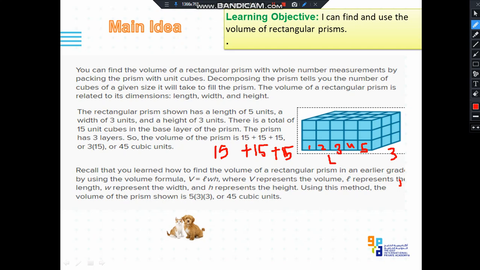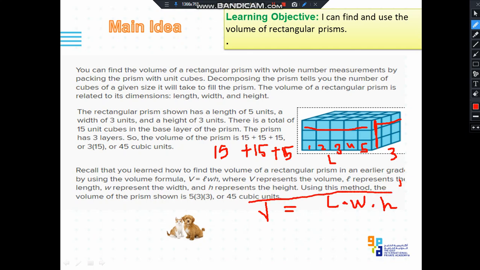We have a formula for that, so you can find the volume of a rectangular prism an easy way. As I told you, this is L, and this one is W, and this one, which is vertical, we call H. So we have 3 things: L, W, and H. We represent the volume with the letter V. If you multiply these 3 sides, L times W times H, it will give you the volume.